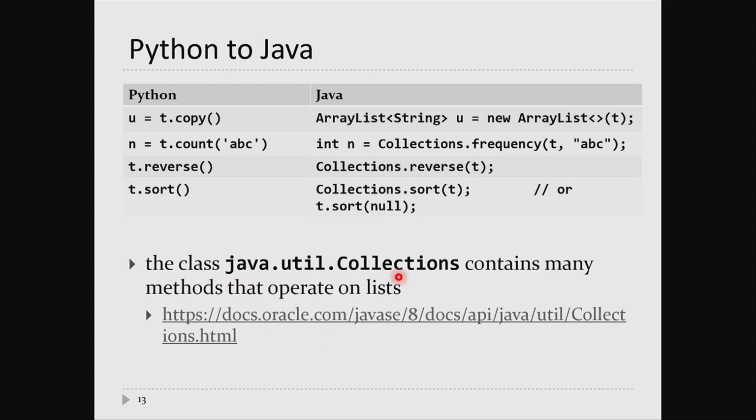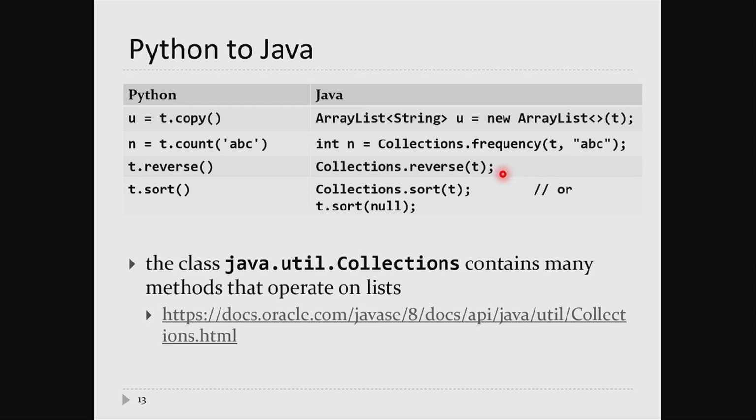That class contains a bunch of static methods that operate on lists. They also operate on sets, but we'll get to that in a lecture or two. There's a method called frequency, where you tell it the list and the thing that you want to count occurrences of. That'll count the number of times the string ABC appears in the list t.